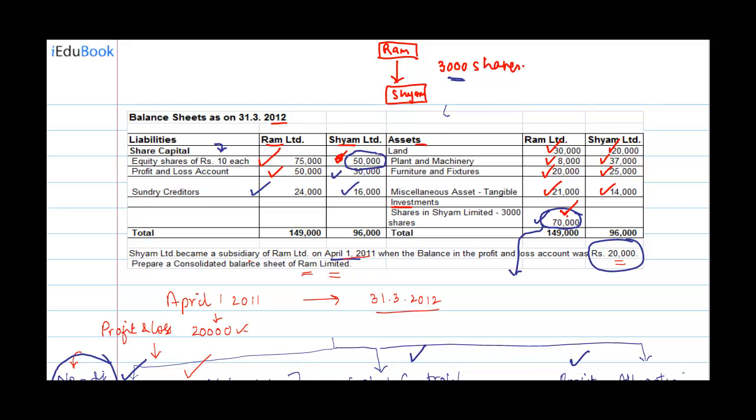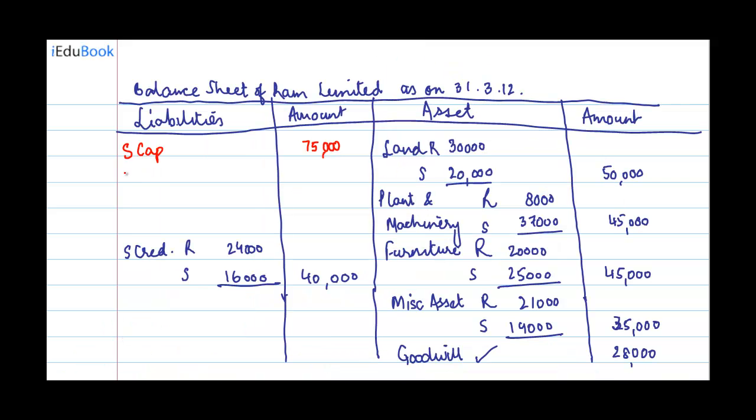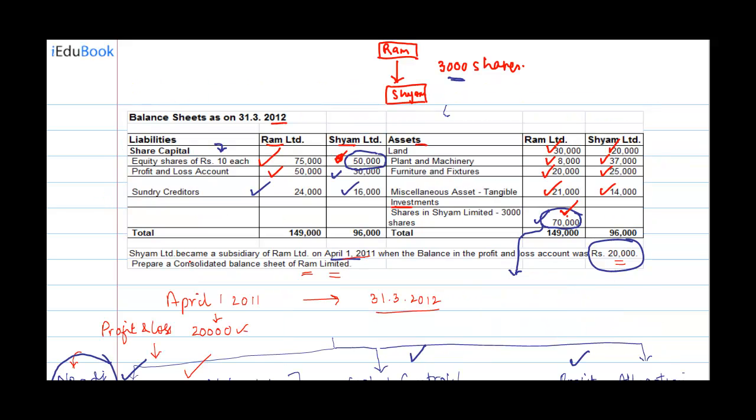Profit and loss account of 50,000, plus, I will come back to what is to be added here, right? Now the items which are left behind for which we need to make an adjustment are these three, right? So let us see them one by one.